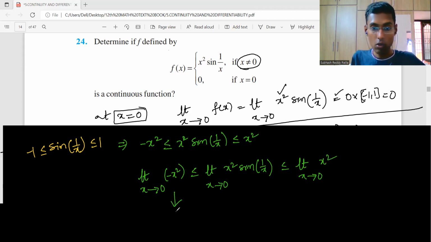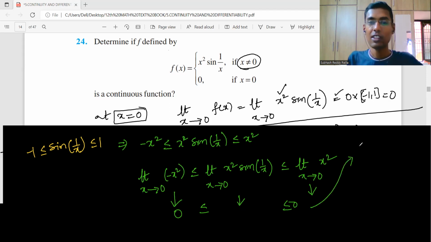This is 0, and this is also 0. Then whatever is in between, 0 less than or equal to something less than or equal to 0, means in between also 0. Then limit as x tends to 0 of x square into sine of 1 by x is 0.